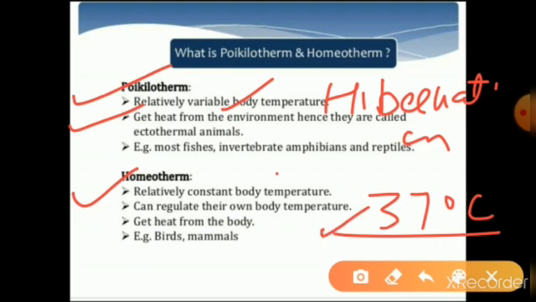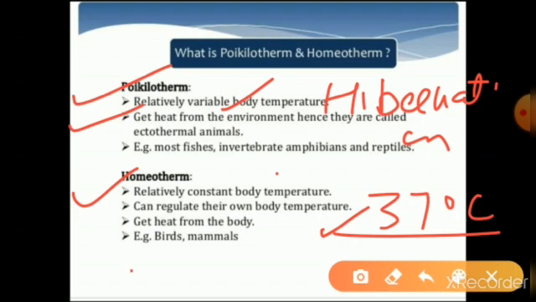Why? Because we are homeotherms, we can regulate our body temperature. And we are endotherms, we are getting heat from our body itself. Clear? So जितनी भी birds और mammals हैं these are all homeothermals or they are known as endothermals.